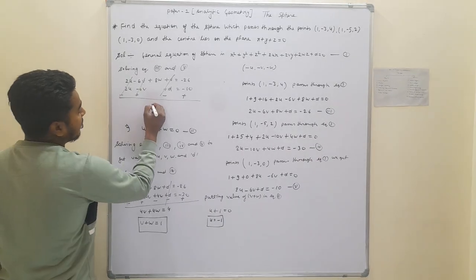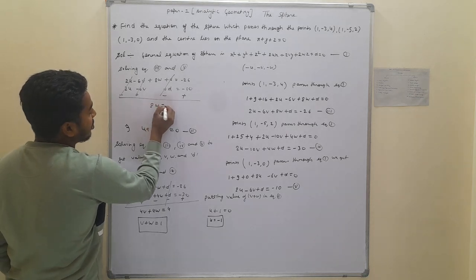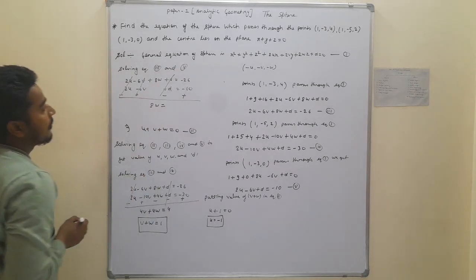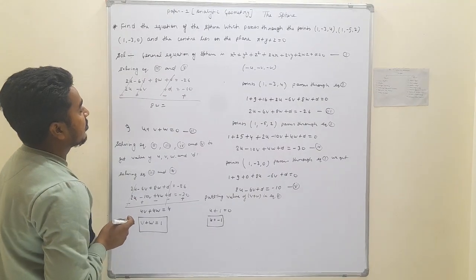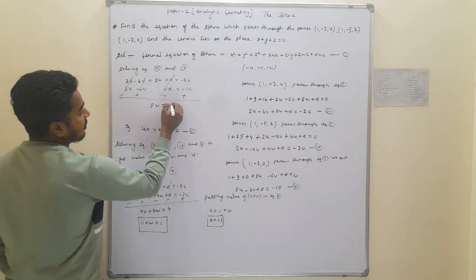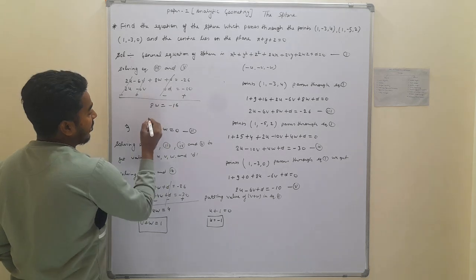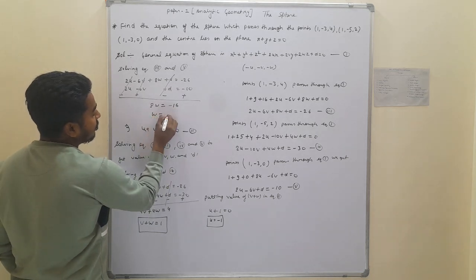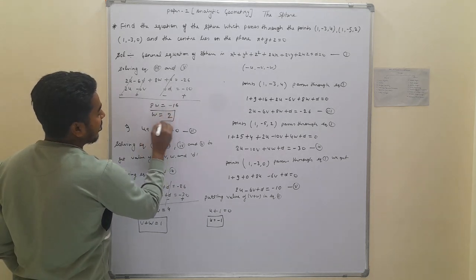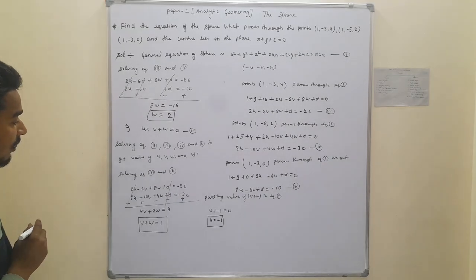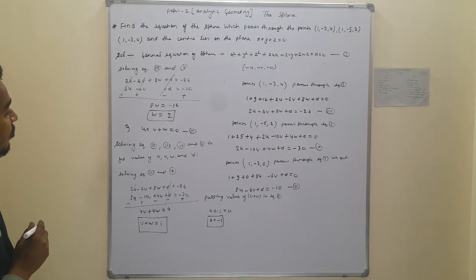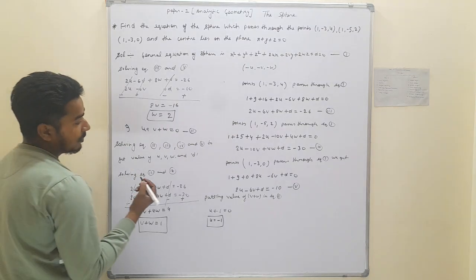Then the remaining is 8w is equal to minus 26 plus 10, we get minus 16, and w is equal to minus 2, we get the value of w.